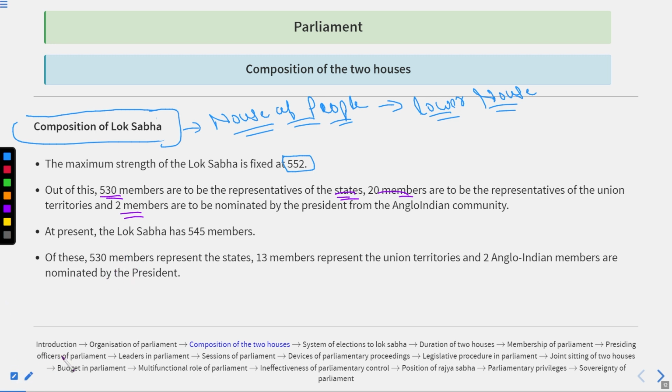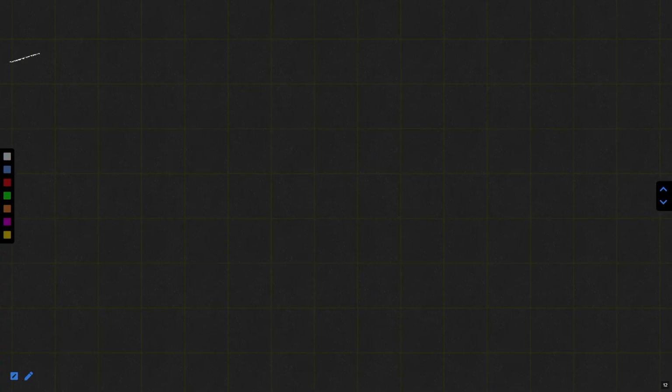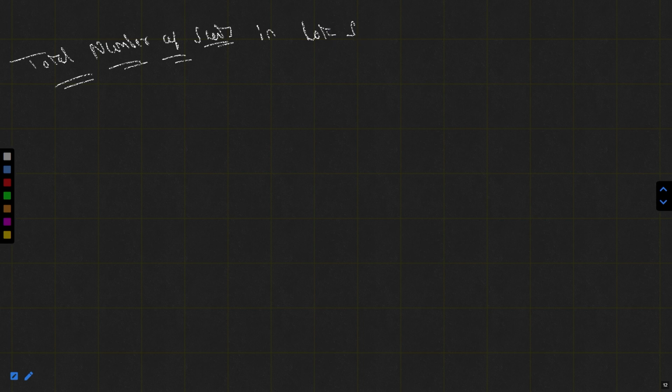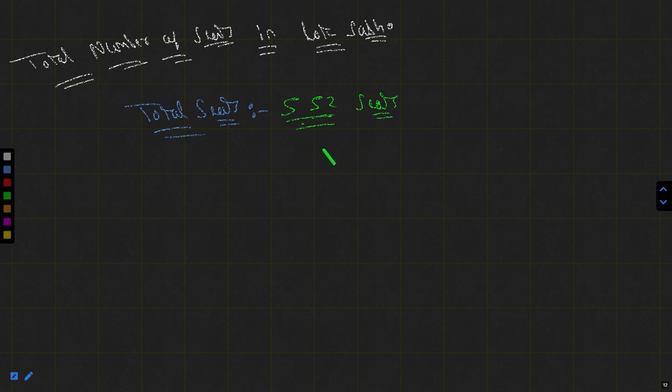Okay, so basically if we divide it, the total number of seats in the Lok Sabha, total seats are 552.